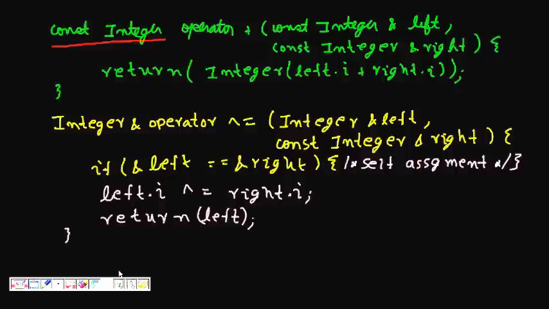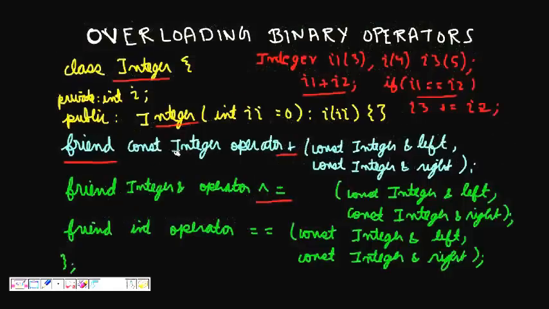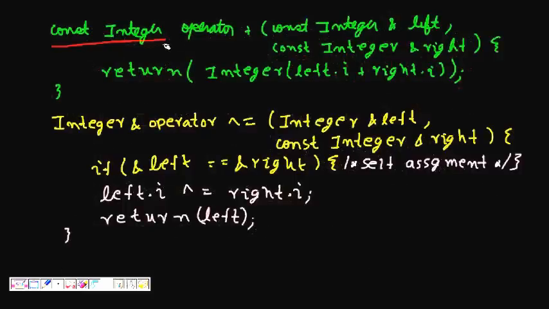I'm returning a const integer, and I'm not returning a reference, it's just an object. I return an integer, I make a class integer, in that I pass left.i plus right.i.